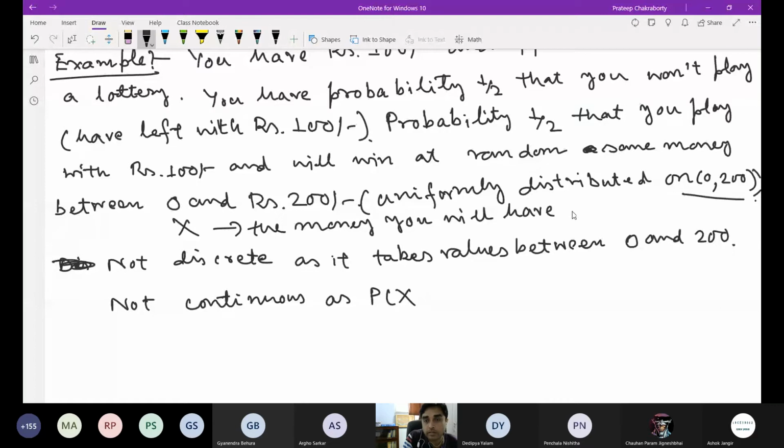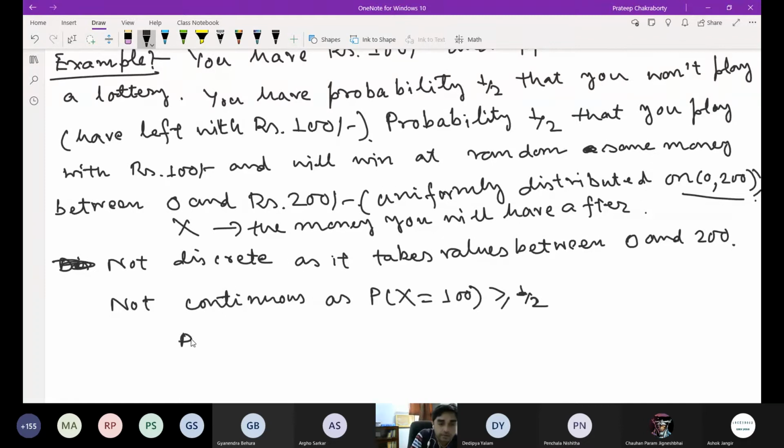If you don't play, you will have 100 rupees. If you play, whatever money you have after the game is random. This is not continuous, as P(x = 100) is greater than or equal to 1/2.